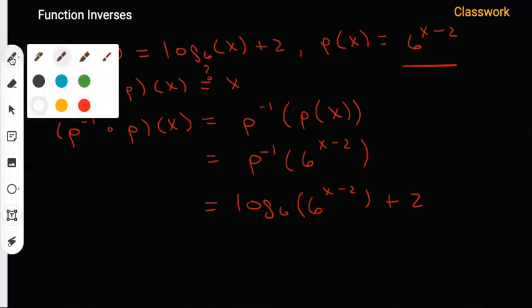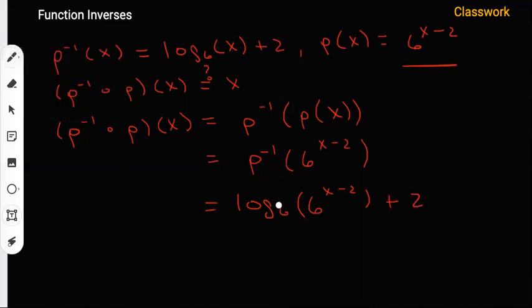Okay, so what happens? Essentially, if you're taking the logarithm of an exponential function, the two bases are going to cancel out. So the base with the logarithm and the base with the exponential, they both cancel out, and the exponent comes down.